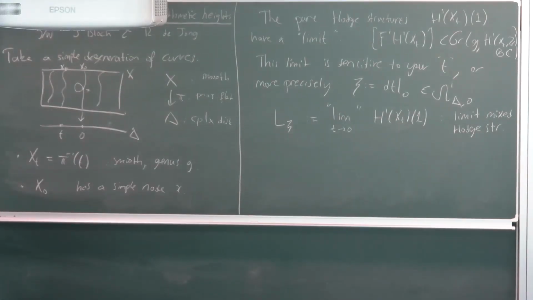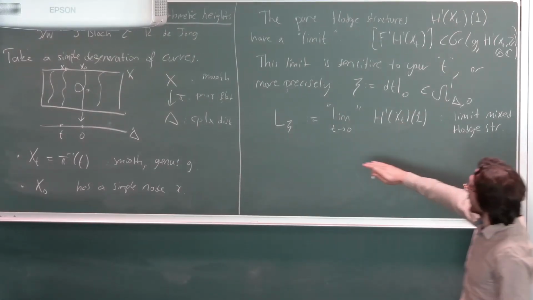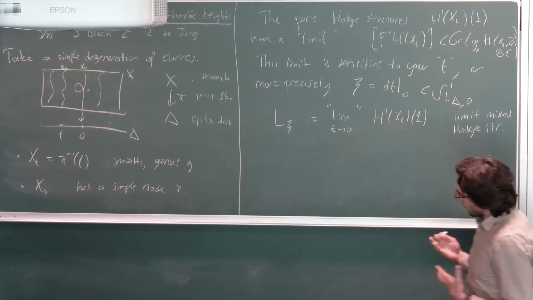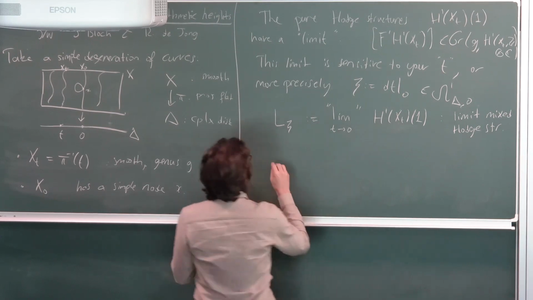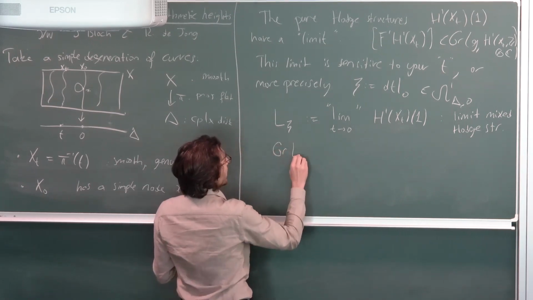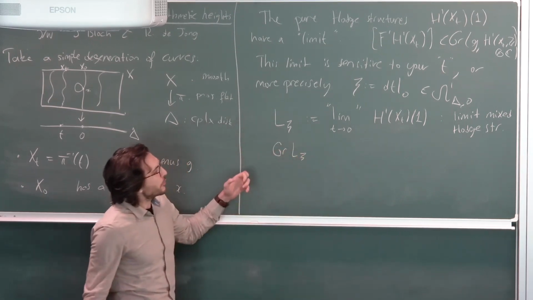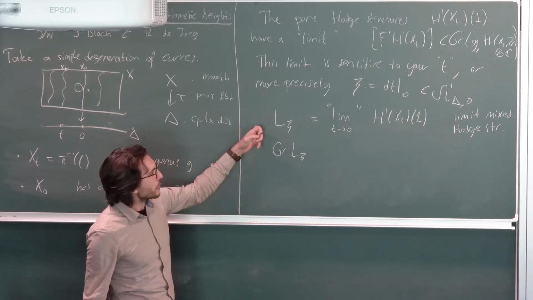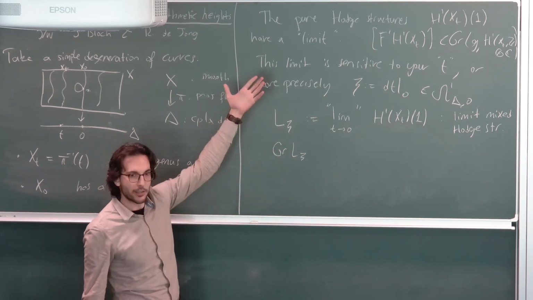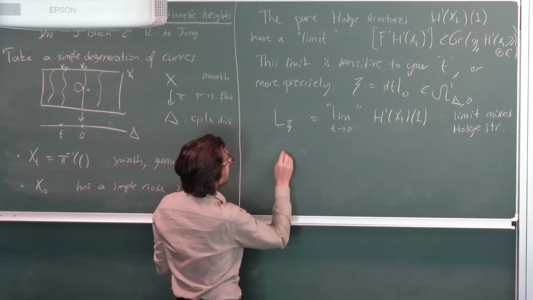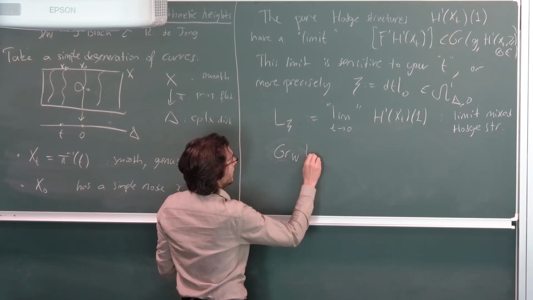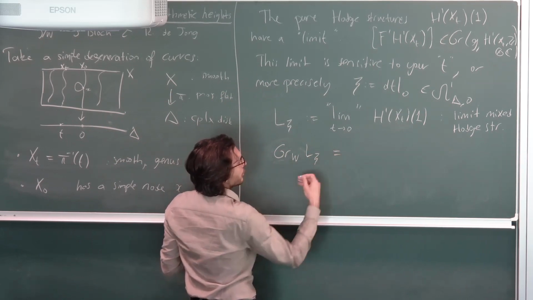And I can explain, and we need to talk about the very structure of it. The crudest thing you can do is to break it into its weight graded pieces. Now it's a mixed Hodge structure, so besides the Hodge filtration, it has this weight filtration. And so I'm now going to write the graded pieces.